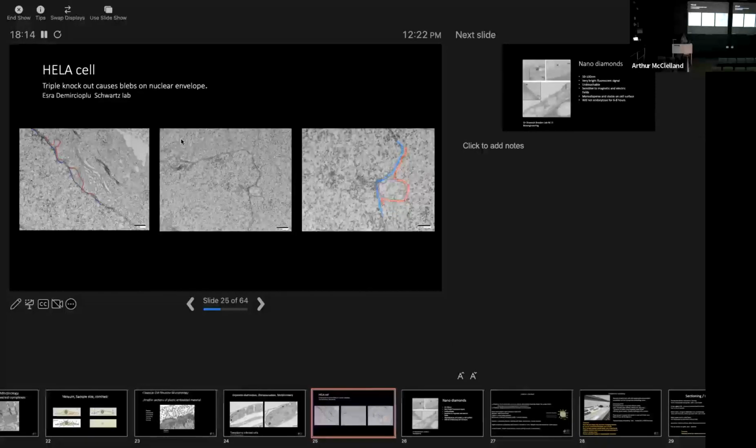This is another experiment with HeLa cells showing, if you can see in the red and the blue, the plasmalemma of the nuclear envelope, and the red is showing bleeding out of one of the lamella. This is due to knockouts within the genome.